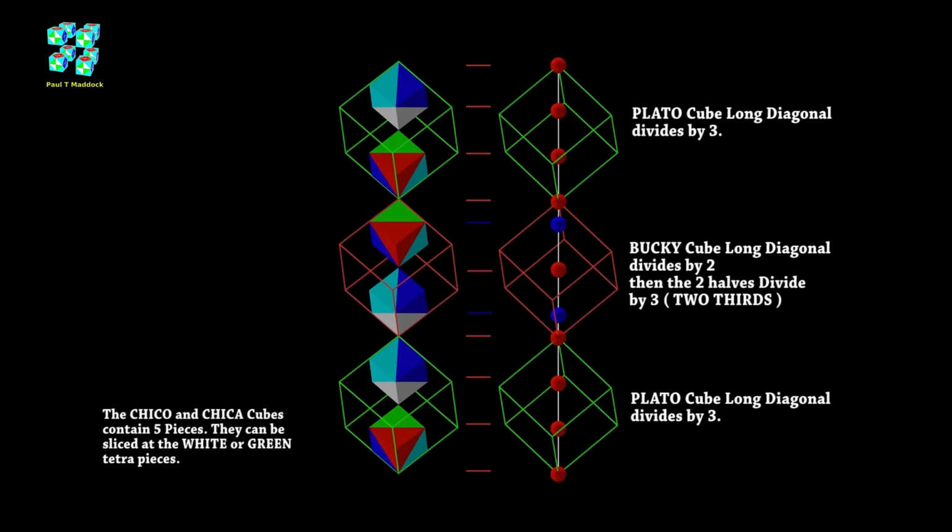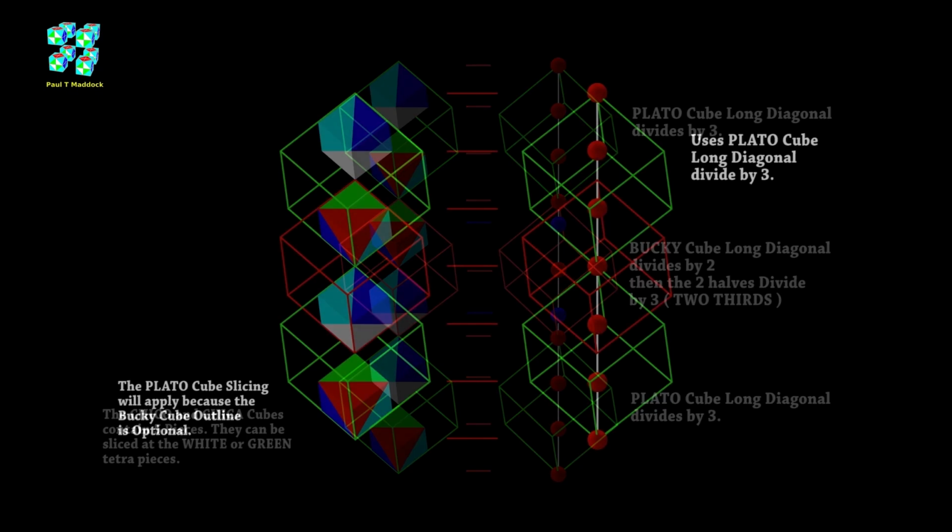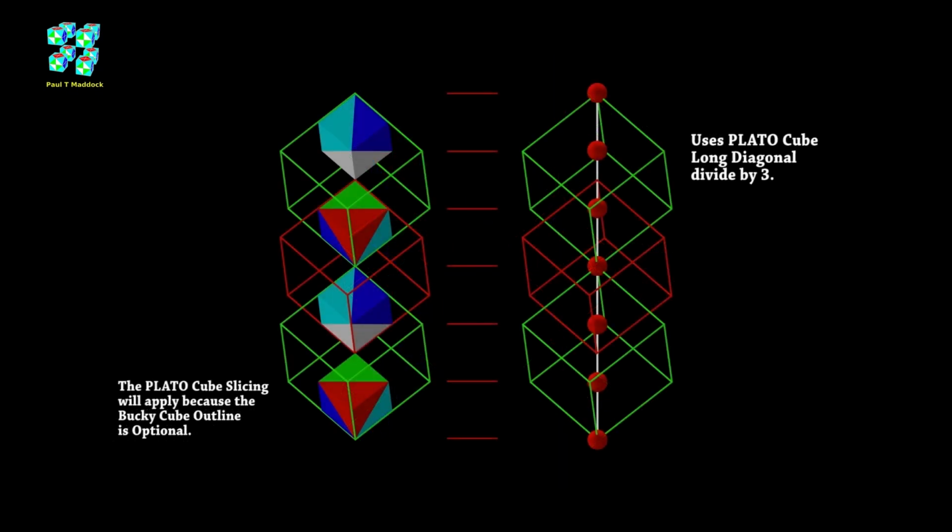I call this 2/3. Now, something important: only the green part can be sliced away, or the white part can be sliced away. Now I'm going to show you the Bucky and Plato cubes put together as integrated.